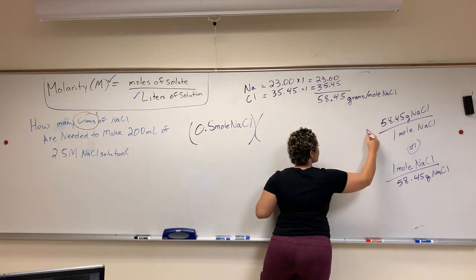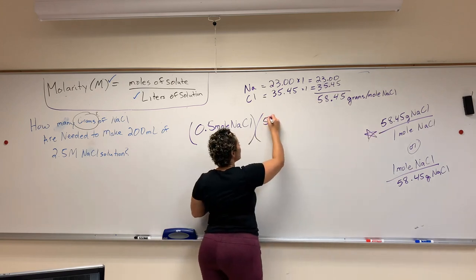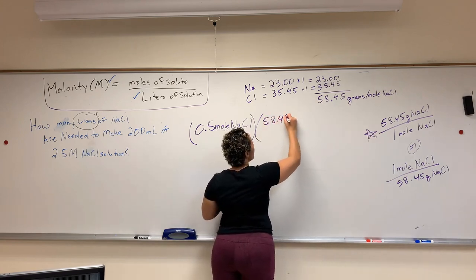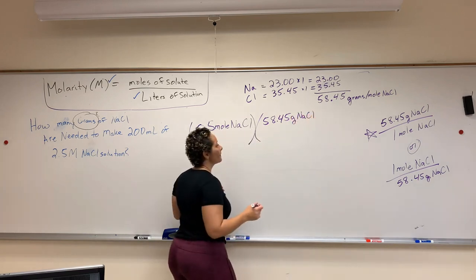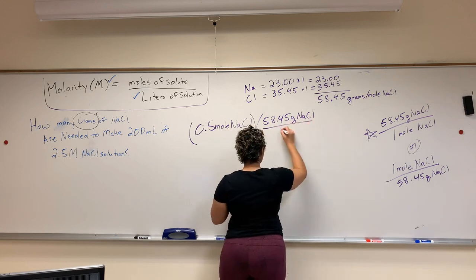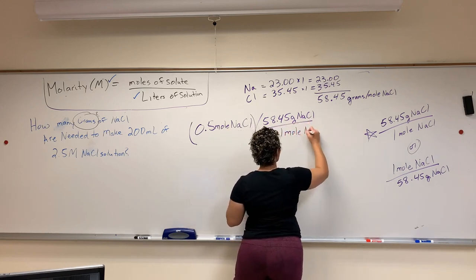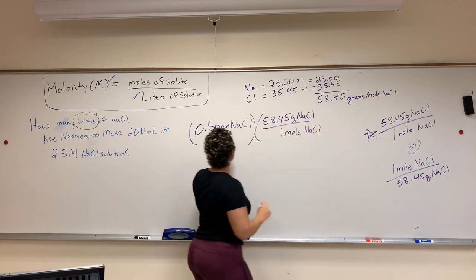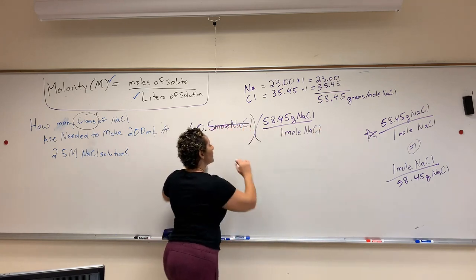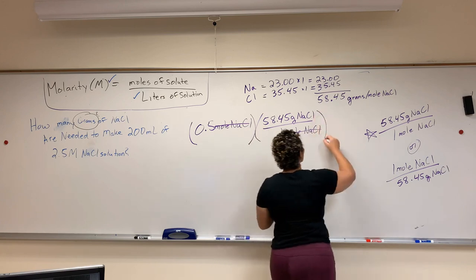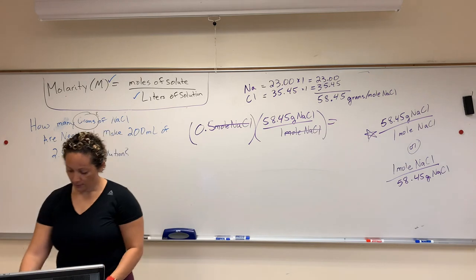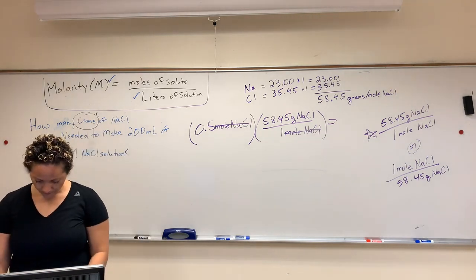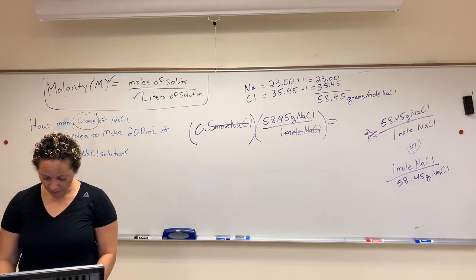We're going to be using this one right here, 58.45 grams sodium chloride per 1 mole sodium chloride. Cancel moles of sodium chloride. So 58.45 times a half.